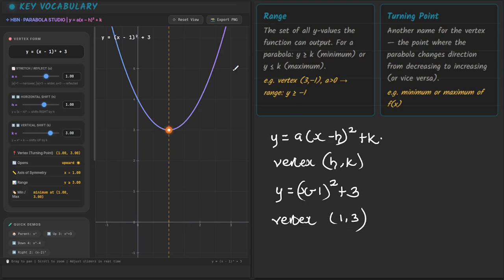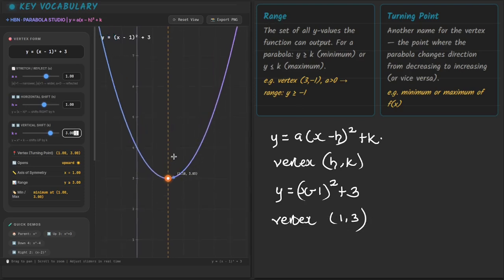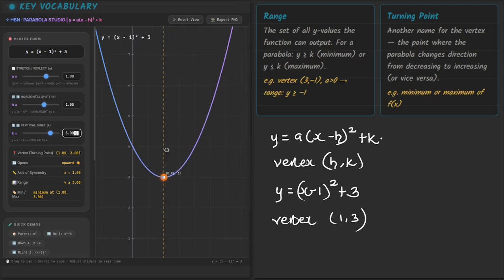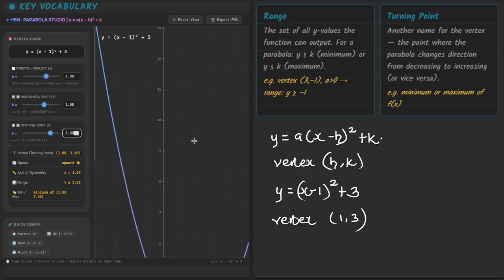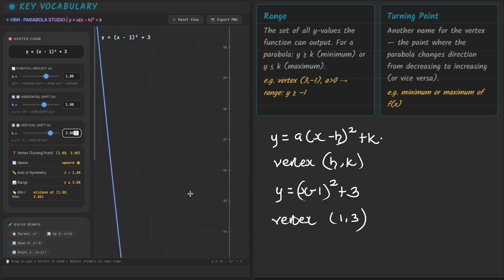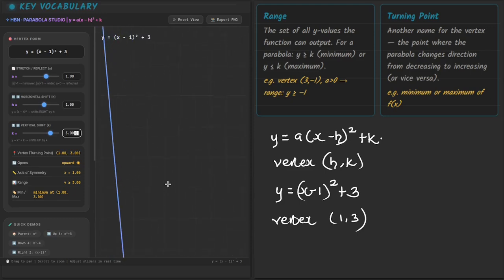But talking of the range, we are looking at the set of all the y values. Now, if I zoom out of this, you realize that the function even goes on and on and on. So even if I move up, you see that it still goes on and on and on.